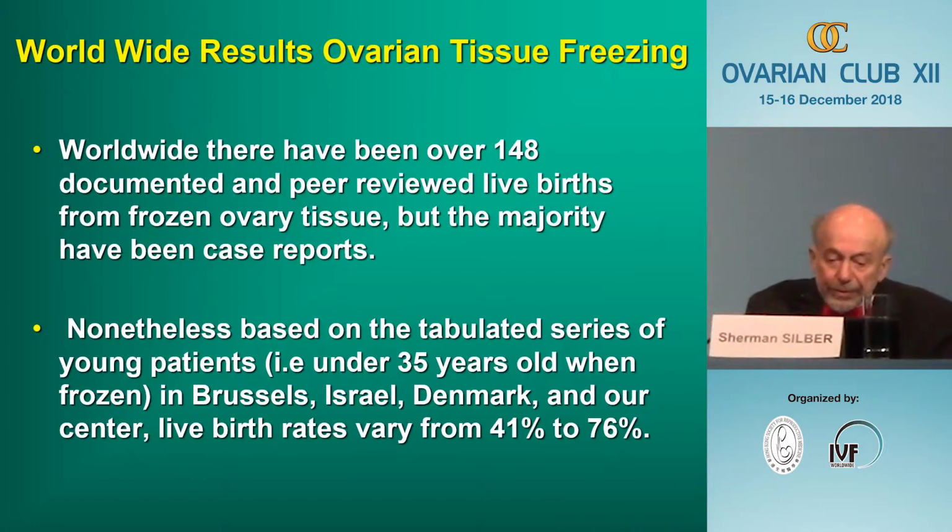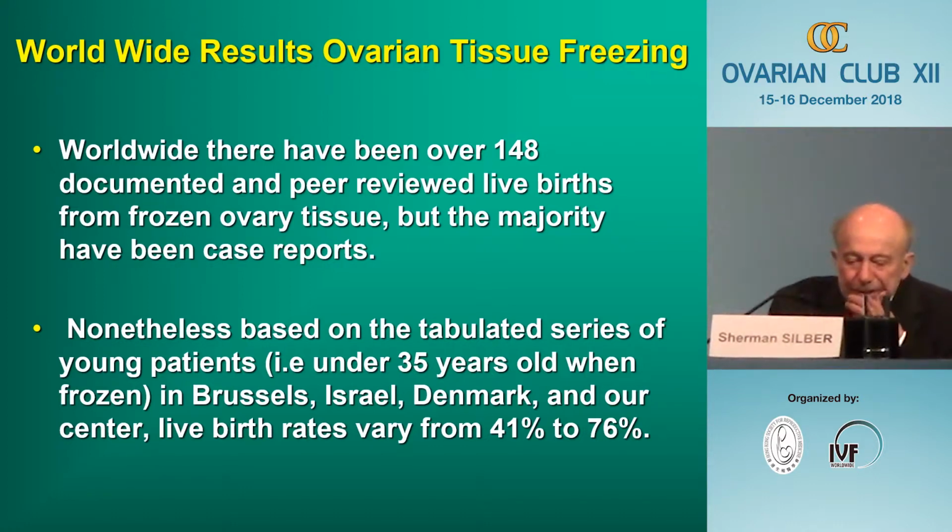Now, our count, at least, has been that worldwide, looking at peer-reviewed live births, there have been 148 documented live births from frozen ovary tissue, and these were all in cancer patients. But the majority were case reports, so it's hard to really figure out what the success rate is.